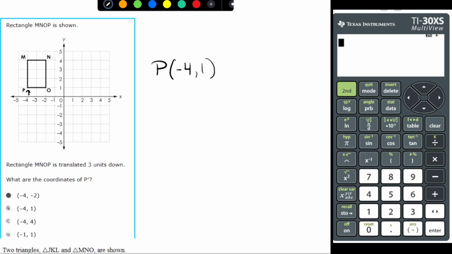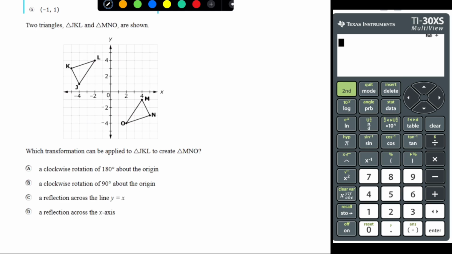And all you're going to do is move that down 3 spots: 1, 2, 3. Now your new point is (negative 4, negative 2). Just move it down. That's your answer.